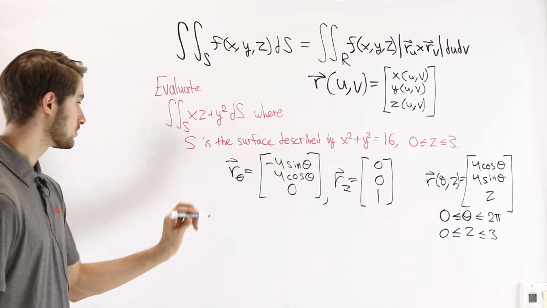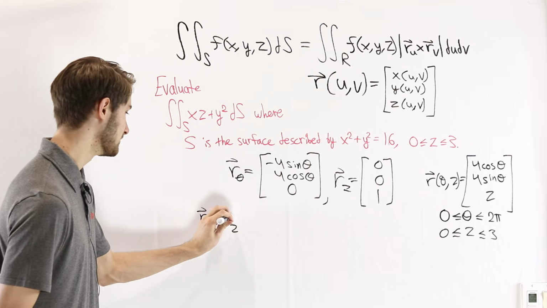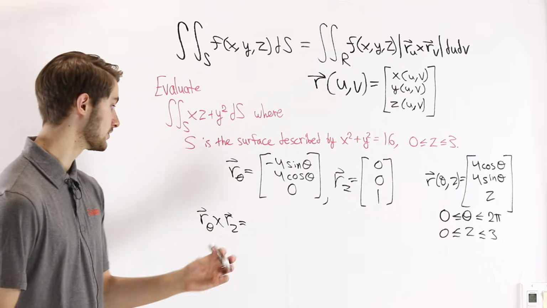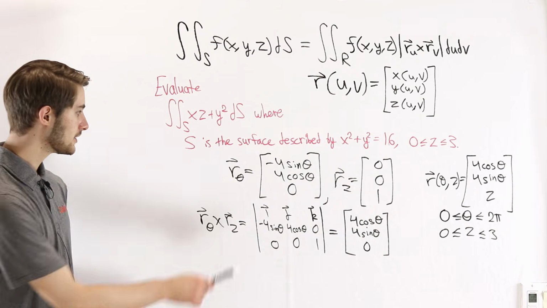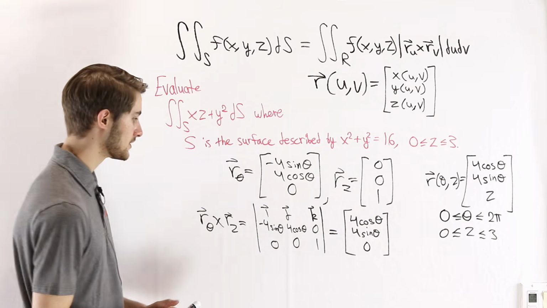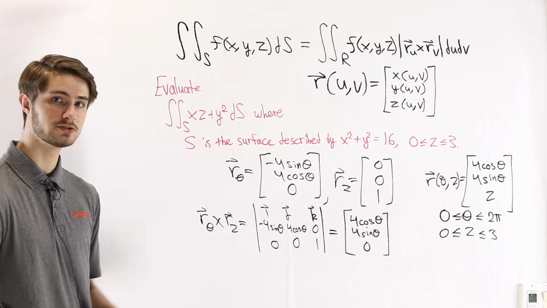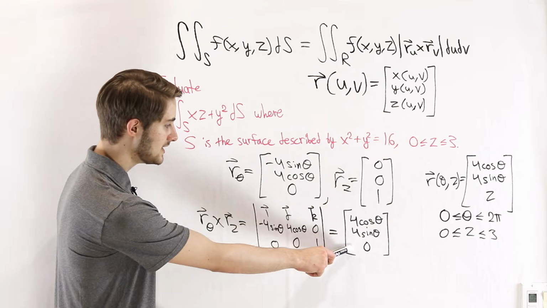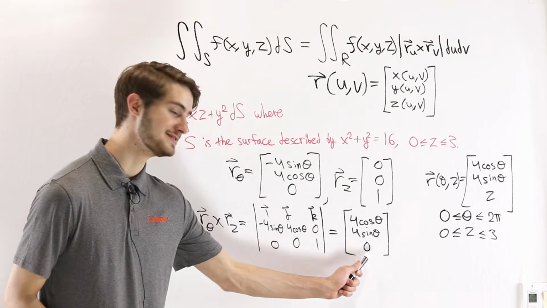Now we need to take the cross product, r sub theta cross r sub z, and we can use that determinant formula to actually compute this. So if we take our two vectors, r sub theta and r sub z, plug them into the cross product formula and compute this determinant, the result that we get is the vector 4 cosine theta, 4 sine theta, and 0.